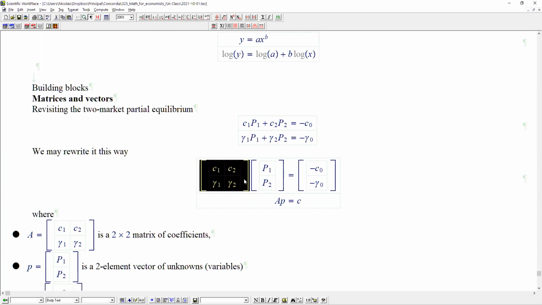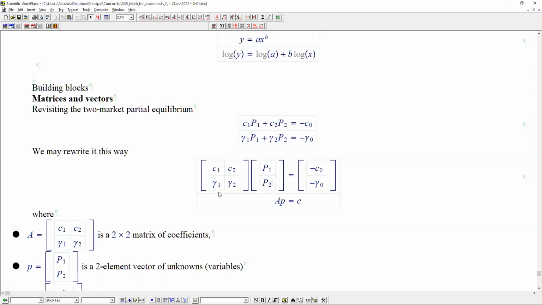So this is a matrix, this is a vector of 2 elements, and this is a vector of 2 elements. I'm going to say this is a column vector because we stack them together in a column. So we are going to say that a column vector is like a matrix of 2 elements by 1 element, because we have 2 rows and 1 column.